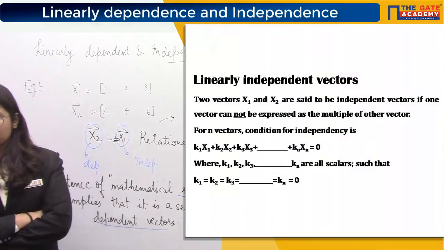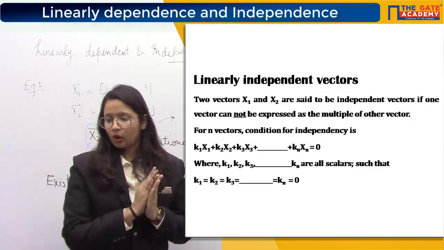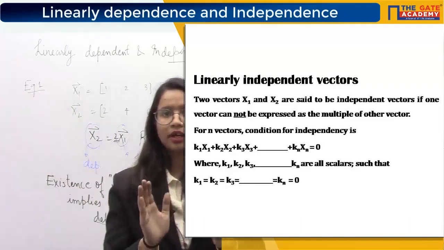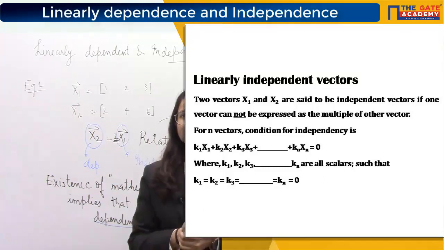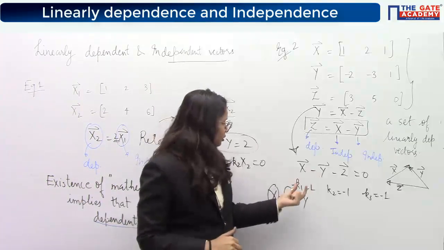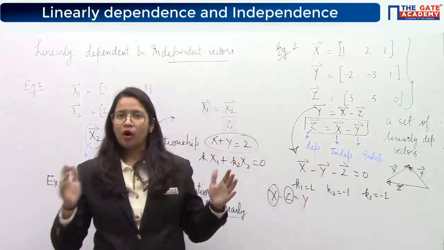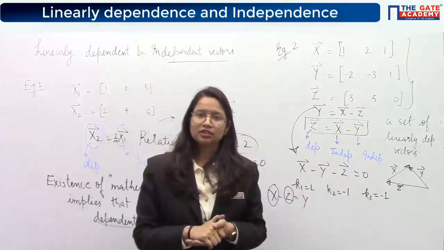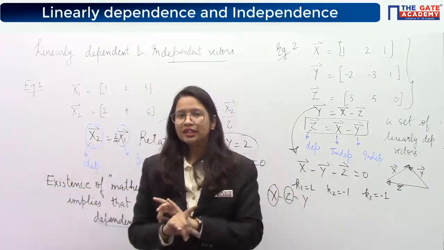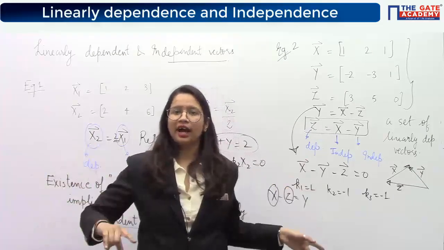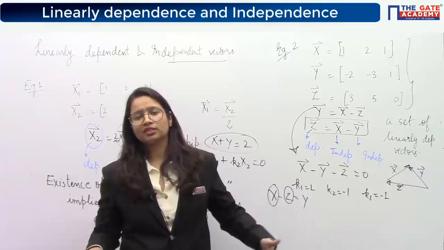In this relationship, if you have written it down from the slide, you can see that I have mentioned that k1, k2, k3 are all scalars and they are not all 0 simultaneously. That means you can't have all of these as 0 at once. The situation can't be that k1 is 0, k2 is 0 and k3 is 0. This cannot occur, because when that occurs, it means 0 equal to 0, which means there is no relationship.